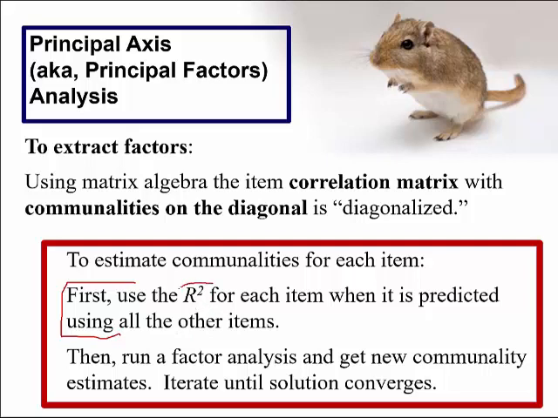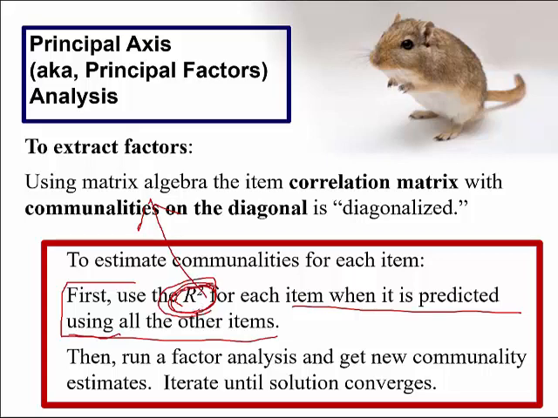And we calculate the R squared, the percent of variance explained in that item when it is predicted using all the other items. Then we use that R squared as an estimate of the communality. We take that R squared and put it on the diagonal. And we do that for each item. We take each item on our questionnaire. So if we have a 6-item questionnaire, we do this 6 times. Take item 1 and use the other 5 items to predict that.